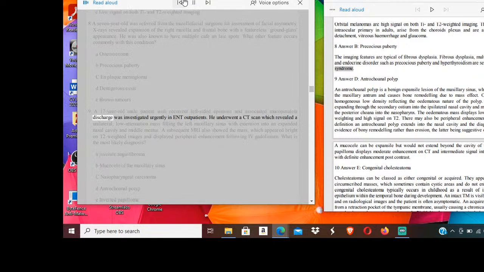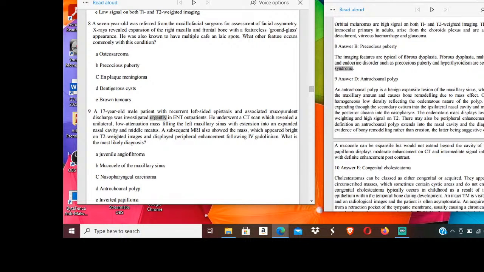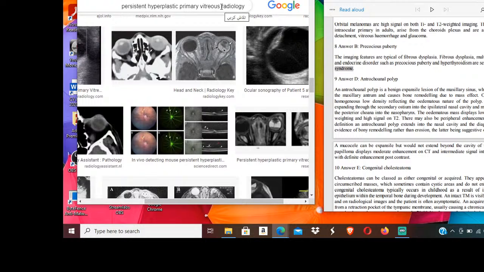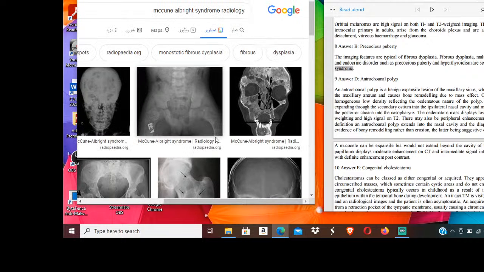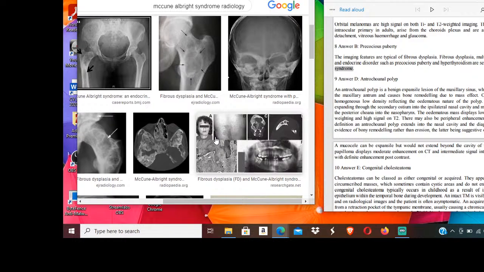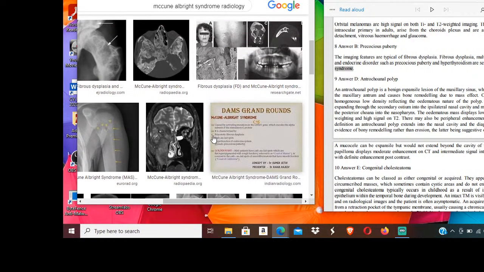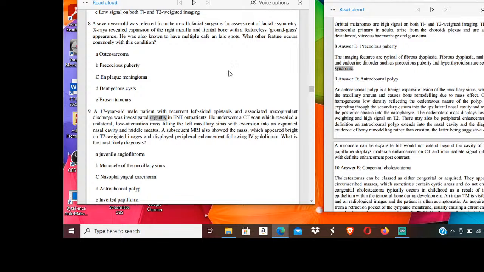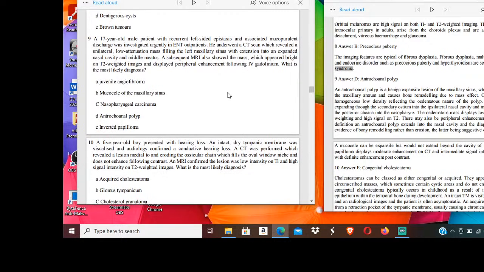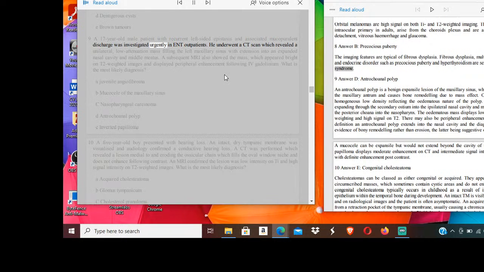Epistaxis and associated mucopurulent discharge was investigated urgently in outpatients.